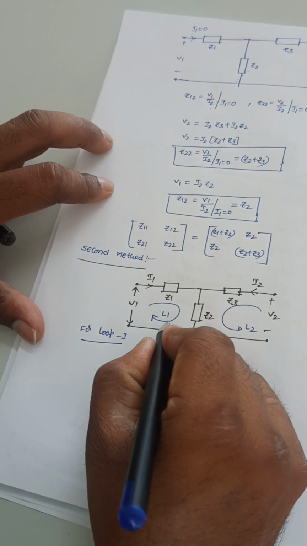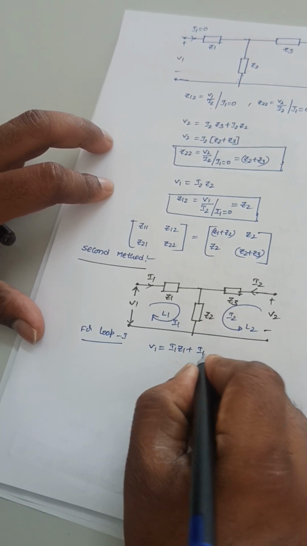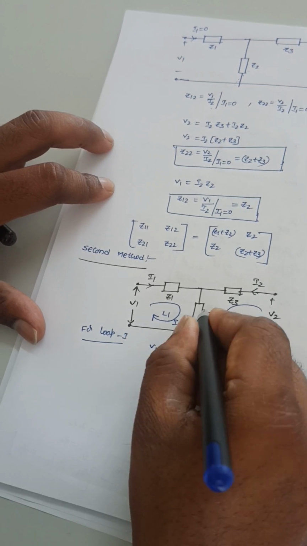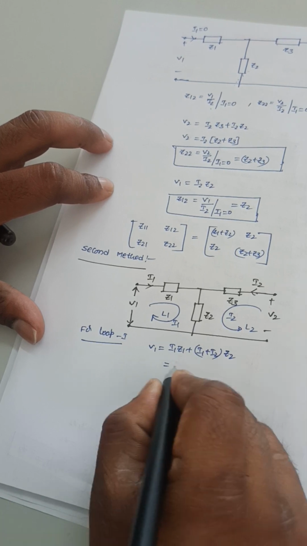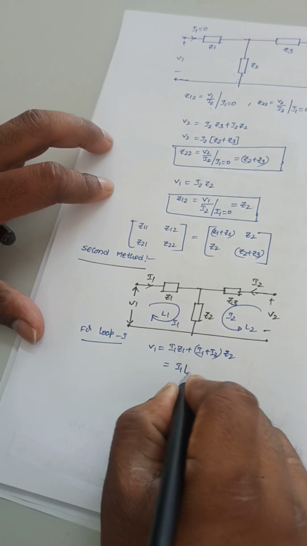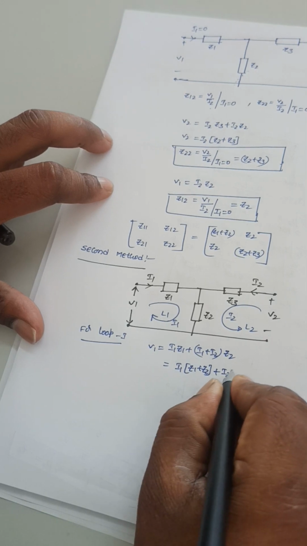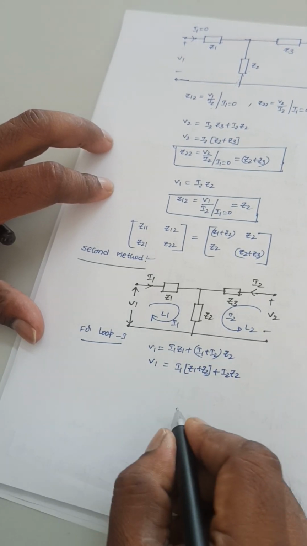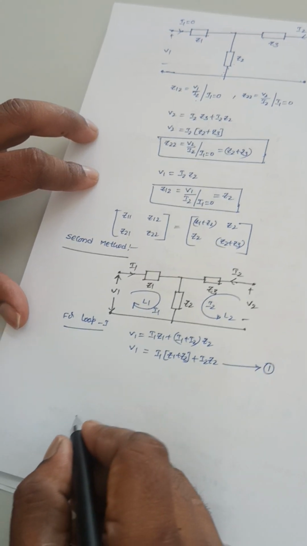This is the current I1 and this is the current I2. So this I1 plus I2 into the impedance offered by this branch is Z2. So if I take I1 as a common here, I1 into Z1 plus Z2 plus I2 into Z2 is V1. Let me represent this equation as 1.